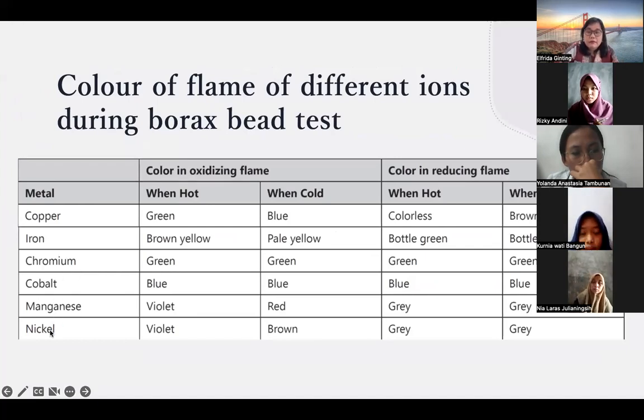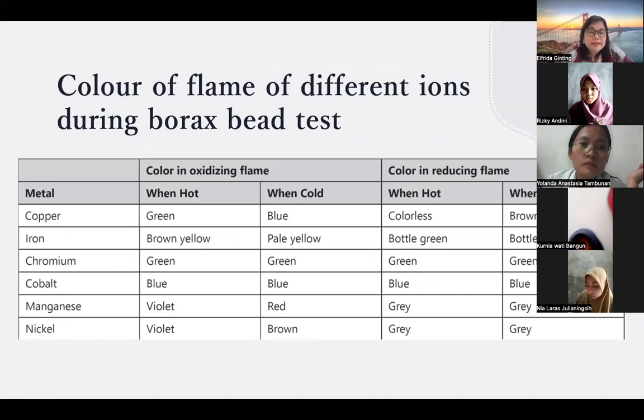For example, you know your sample is copper, but for some reason it is polluted with manganese. You have a little bit of manganese on your copper without you knowing. And then when you test the copper, you won't get the green color.